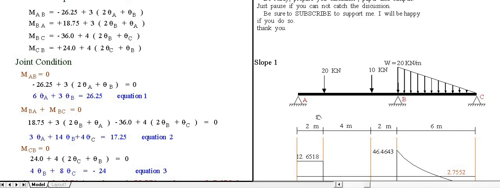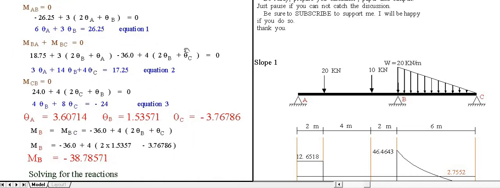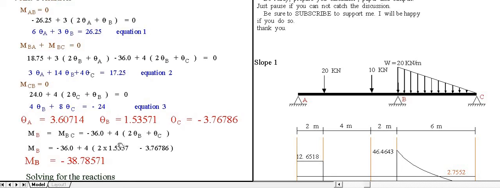Remember, we use the orientation negative, positive, negative, positive. The moment at B, usually at the support is negative, so I want this value BC, moment at BC, not moment BA. Anyway, they are equal. I usually prefer this negative BC. So the moment at B, I use the BC.